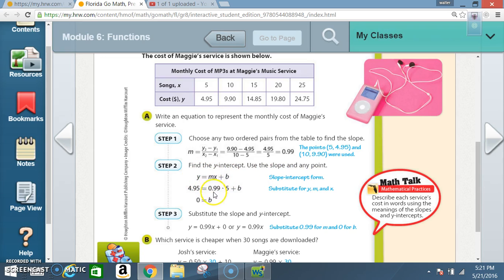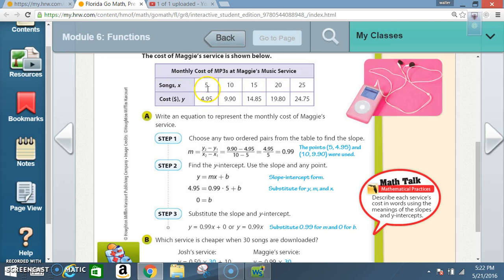We just determined that m was 0.99. Now we're going to pick any point from the table to use. You always try to pick the easiest point to work with. The smallest numbers in this case happen to be 5 and 4.95. So that's our point. x is 5 and y is $4.95.